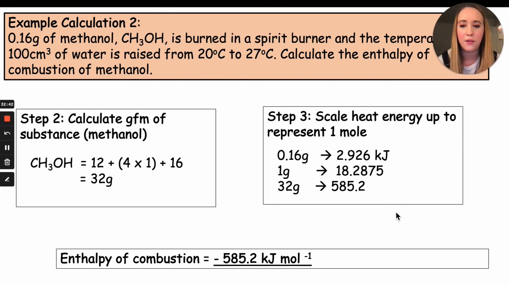Perhaps you just need a little refresher of it because we've not used it for a while. And then the rest of that calculation is just working out GFMs and using proportion or scaling. Okay, so they're all skills that we should already be quite comfortable with, and it's just knowing how to apply them in this type of question.